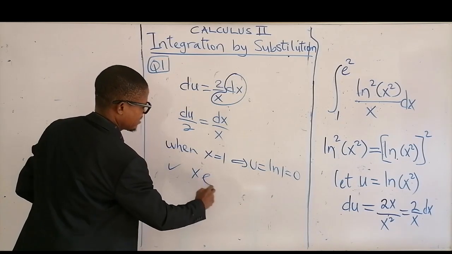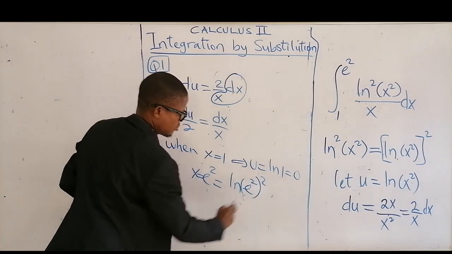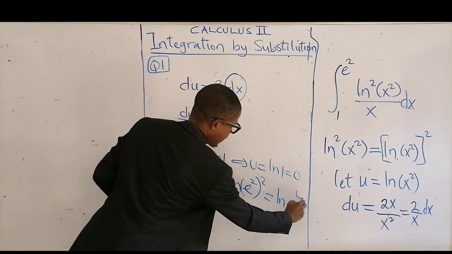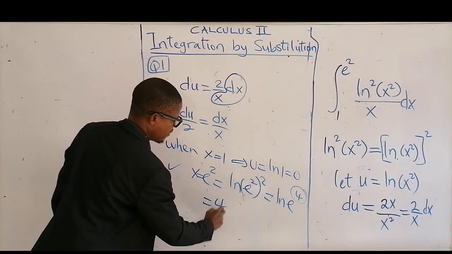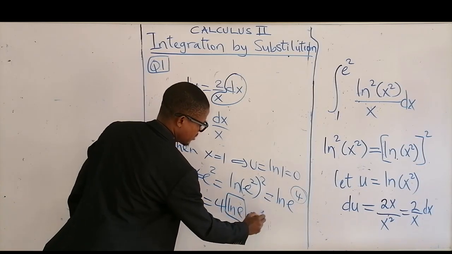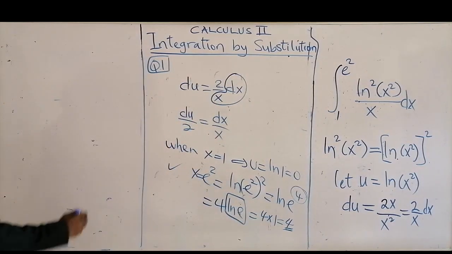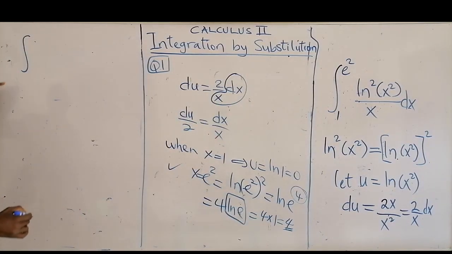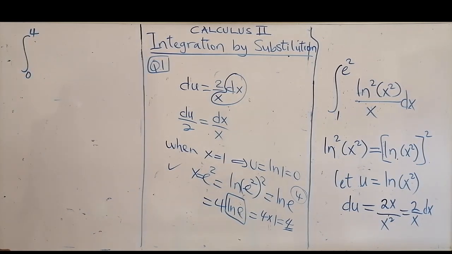Then when x is e squared to power 2, we have ln e to power 4. Based on the logarithm rules, this will be 4 ln e, and ln of e is 1. So that's 4 times 1, that's 4. So we have changed the upper and lower boundary. The upper boundary is 4, the lower boundary is 0.